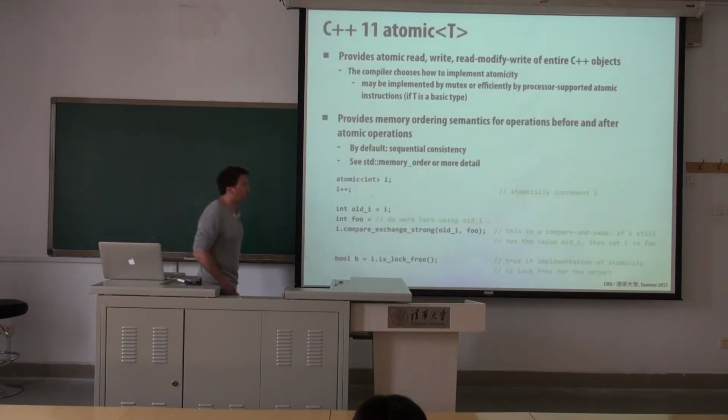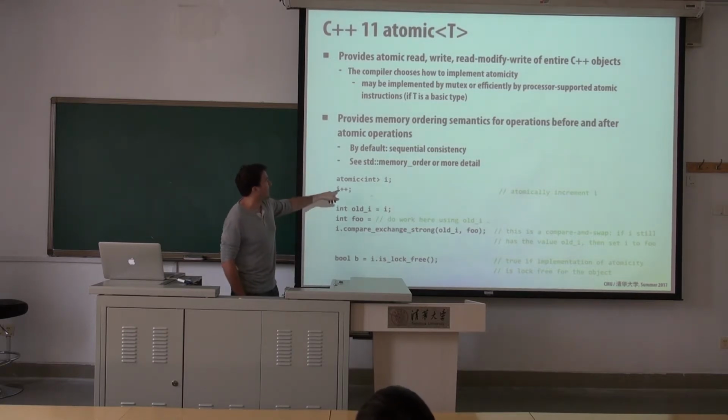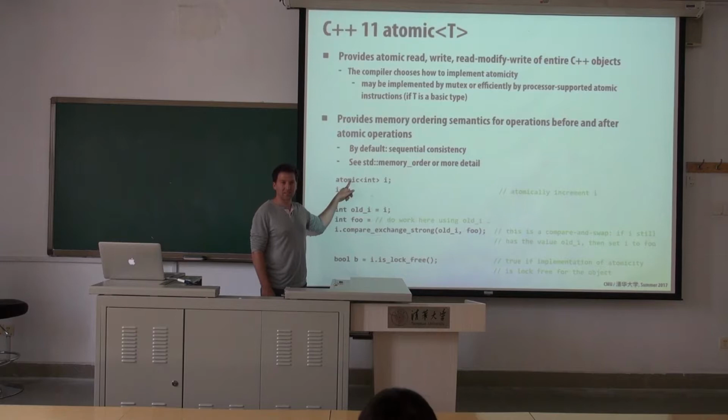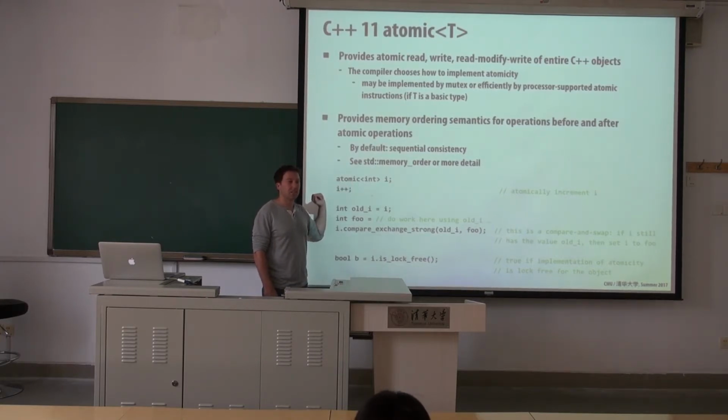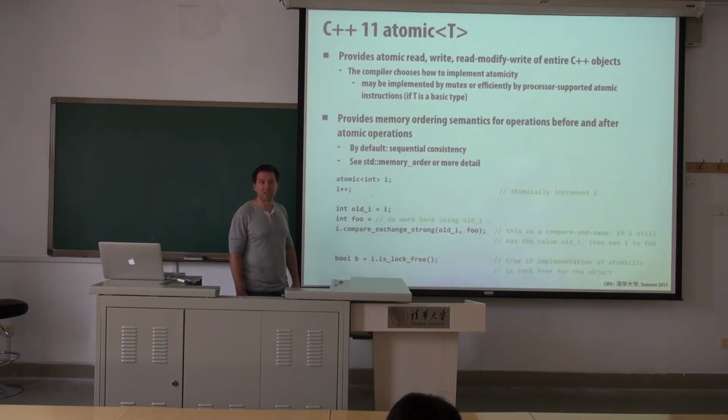I just wanted to point out that if you use C++ and you wrap any variable with atomic, the C++ compiler will guarantee that any operations on that variable are in fact atomic. So this is i equals i plus 1, and you get atomic behavior ensured by the compiler.